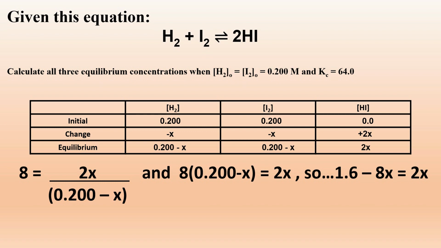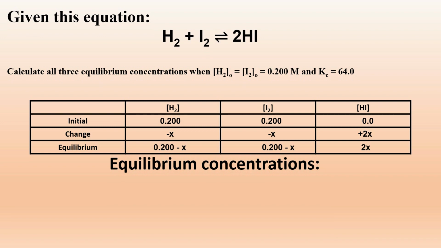Now add 8x to both sides of the expression. 1.6 is equal to 10x. And to solve for x, we simply divide through by 10. So x is equal to 0.16 molar. This information may now be used to determine the true equilibrium concentrations.